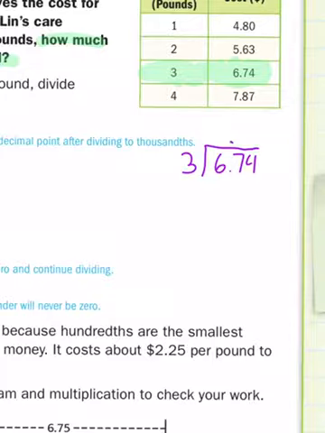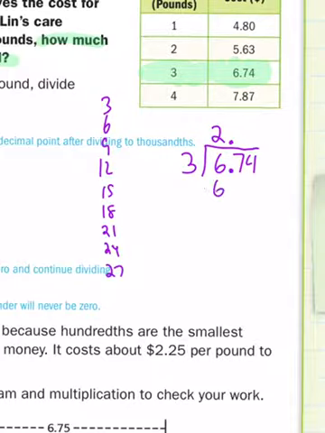And don't forget, you could do a little bit of counting by 3 list. Doesn't hurt, and it doesn't take that long. All right, are you ready? So 3 goes into 6 twice, which is 6. Every time I subtract, I must bring something down. So I have a 7. 3 goes into 7 twice, which is also 6.